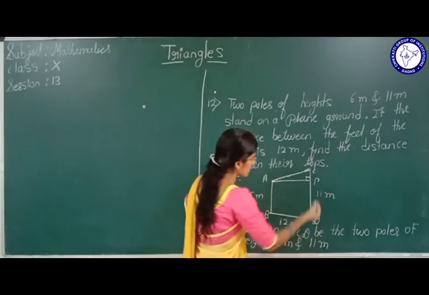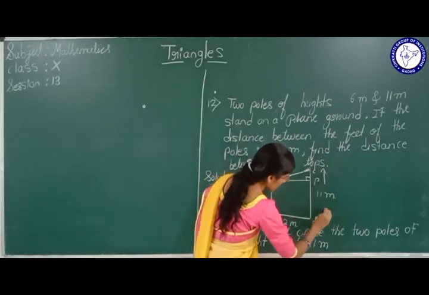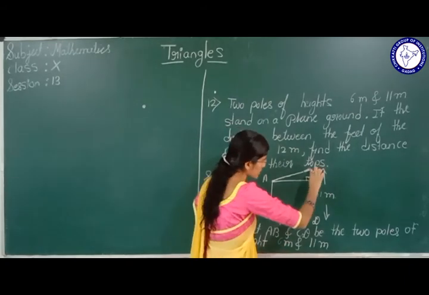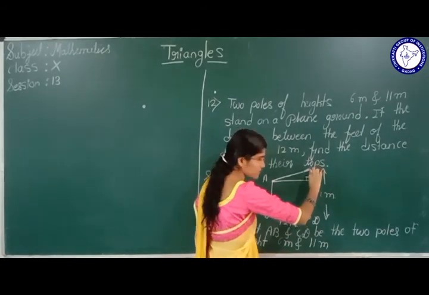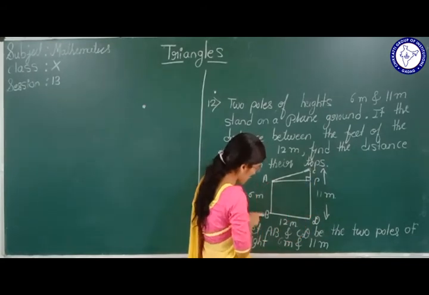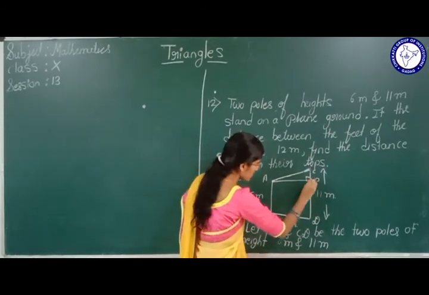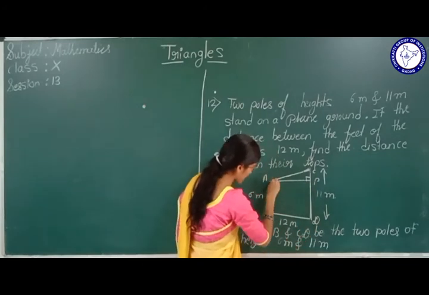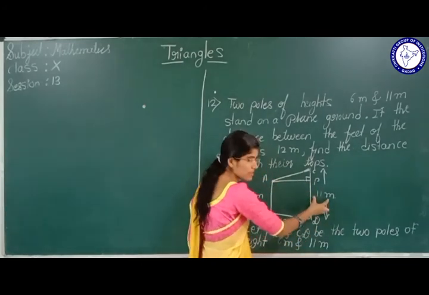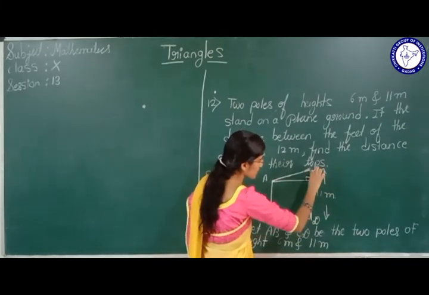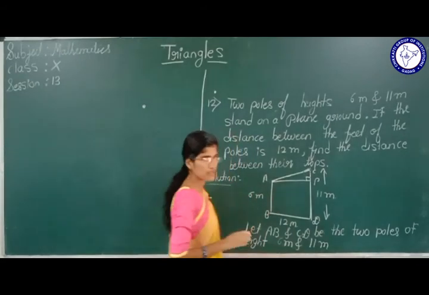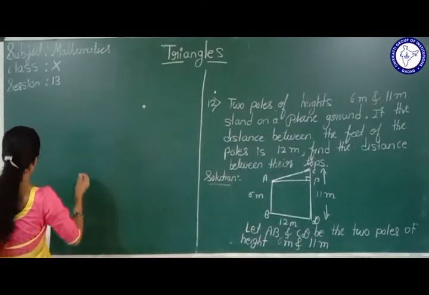See here, this full length is 11 meter. By seeing this figure, can you tell what is the length of CP? Now see here, PD and AB will be same, yes or no? Here PD and AB will be same. This is 6 meter means this is also 6 meter. Here total 11 meter. Can we find out CP? Yes, 11 minus 6.